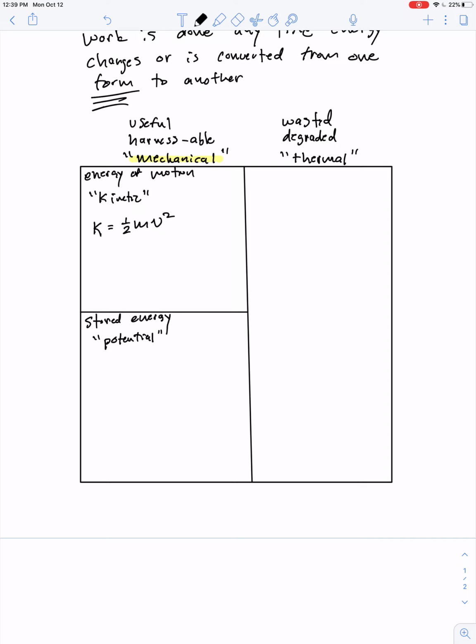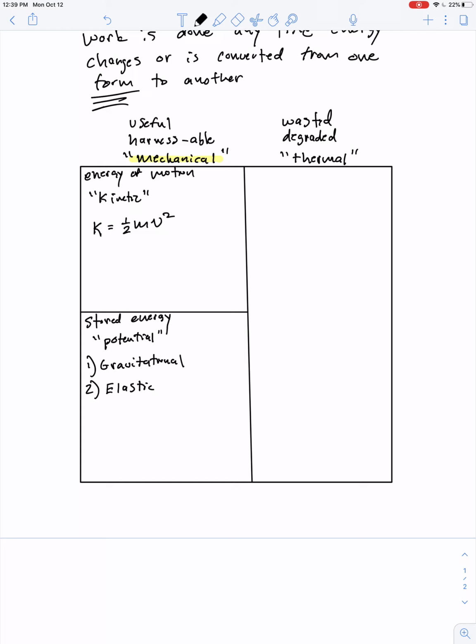Potential energy can be divided into a few different forms. We'll study gravitational potential energy. Anytime you lift something up high above a reference point, as soon as you release it, the force of gravity is going to do work to convert that potential energy into kinetic energy. When a compressed spring is released, elastic potential energy can be converted into kinetic energy.